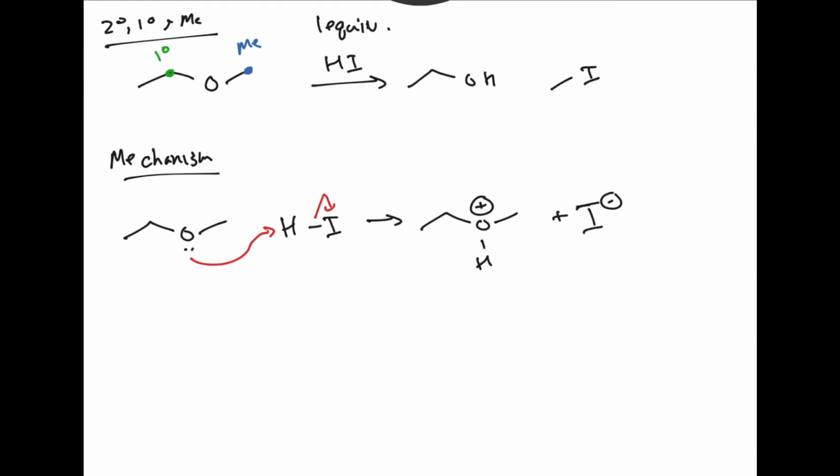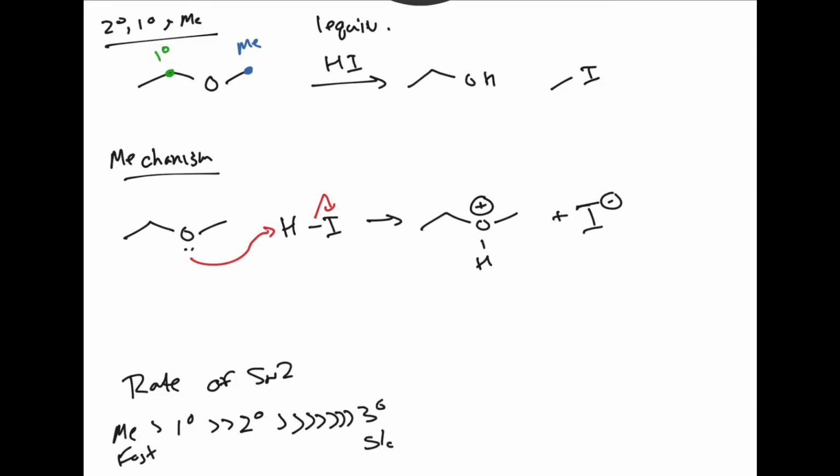Now we've made the oxygen a good leaving group, and now we have this I minus. The I minus is going to do an Sn2 reaction to knock off the leaving group, right? So if you remember the rate of Sn2 reactions, methyl groups are the fastest, then primary, then secondary is a little slower, and then tertiary is slow or does not happen.